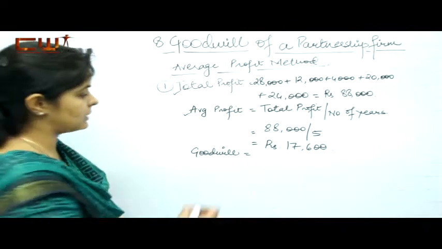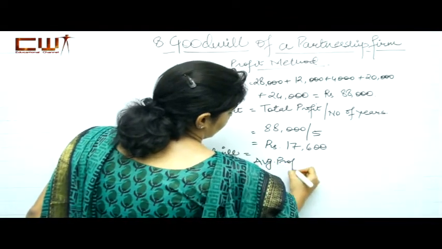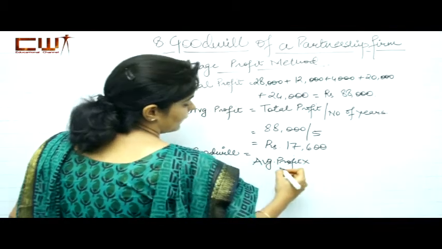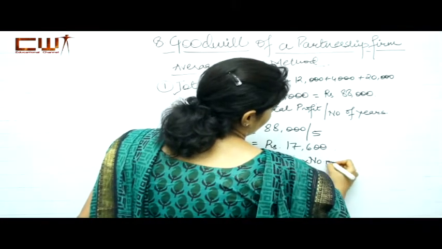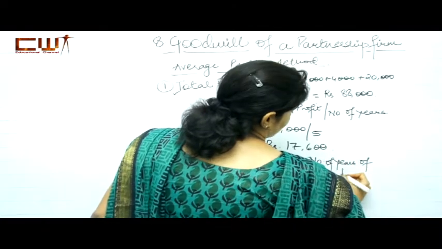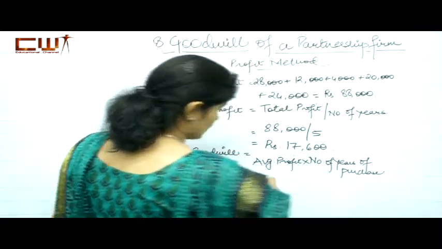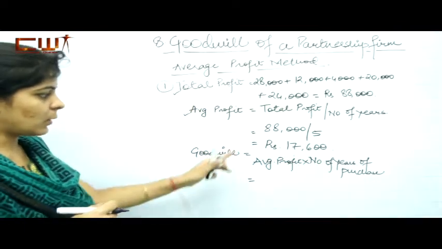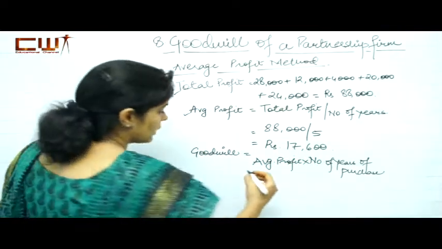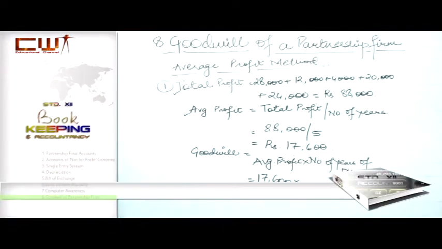Goodwill, the formula is average profit multiplied by number of years of purchase. Now what is the average profit that you have found out? 17,600 into, see the question, they say it is for 2 years of purchase, right?